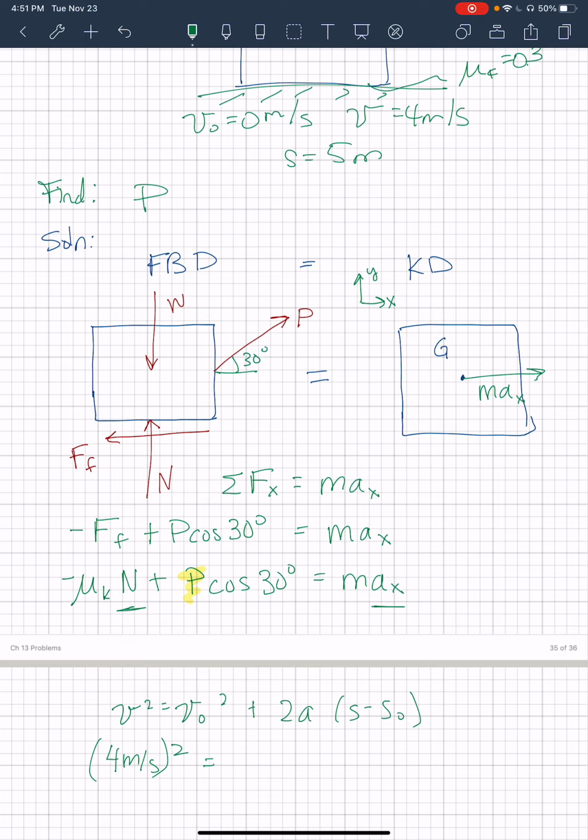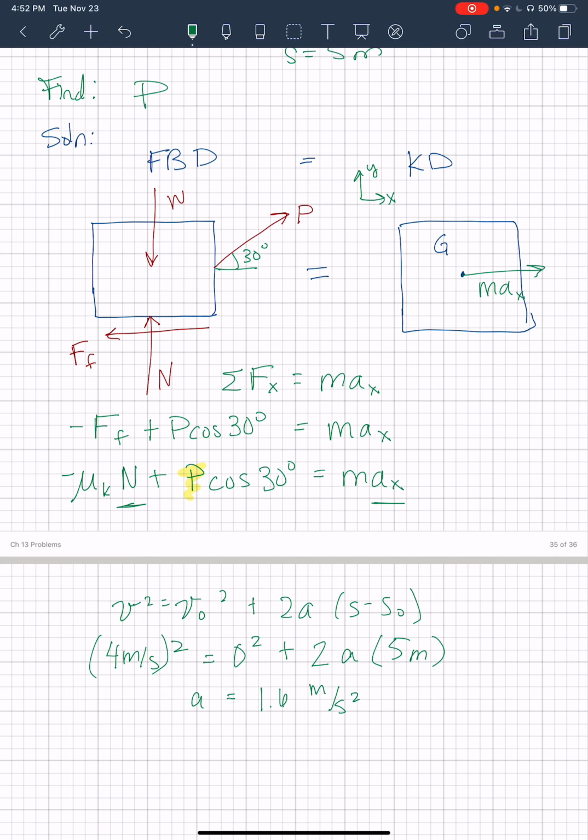So 4 squared equals, and the initial velocity was 0, plus 2a, and s minus s naught is just the distance it covers, so that's 5 meters. So we get a equals basically 4 squared, so that's 16, divided by 10, so that's 1.6. And the units are meters squared per second squared divided by meters, so you get meters per second squared.